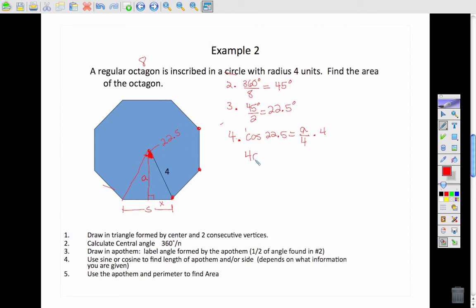So multiply both sides times 4, and I get 4 times the cosine of 22.5 equals A. And when I do that, I get 3.7.